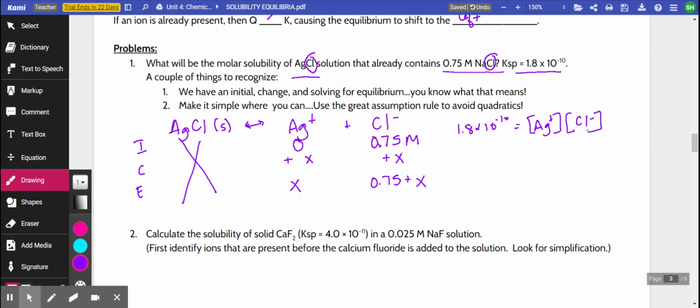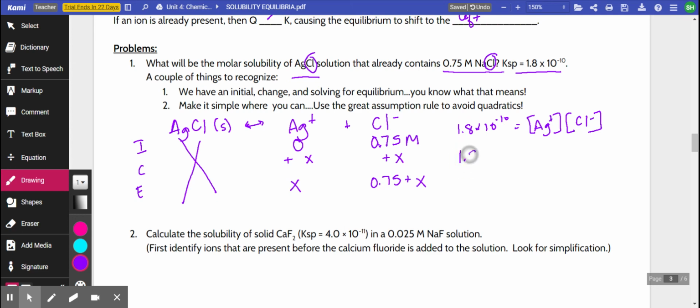So I'm trying to find these molarities, but I already have a concentration of chloride ions. So we're going to find out what that molarity is going to end up at the end of the dissolution at equilibrium. So I'm going to fill these in.